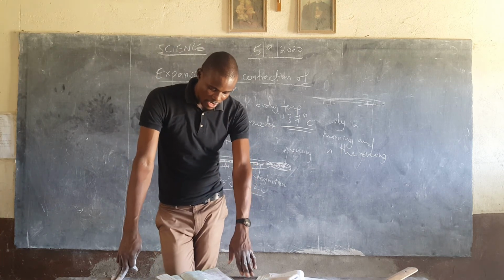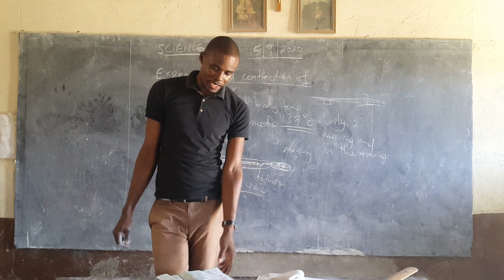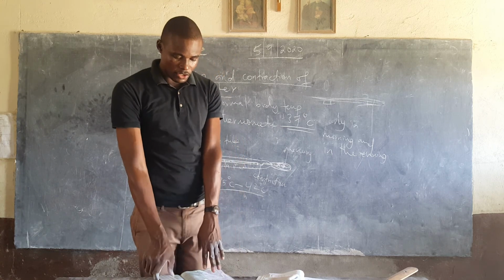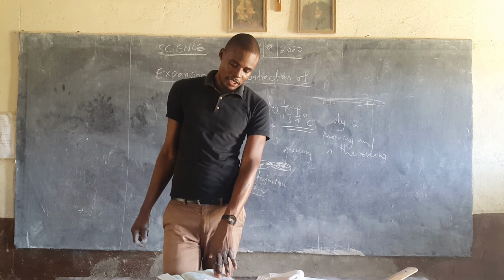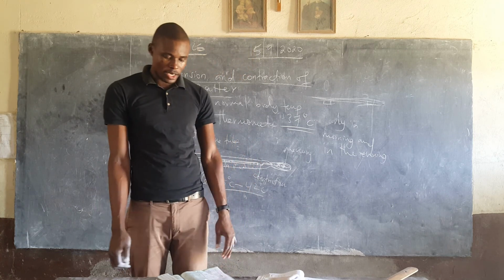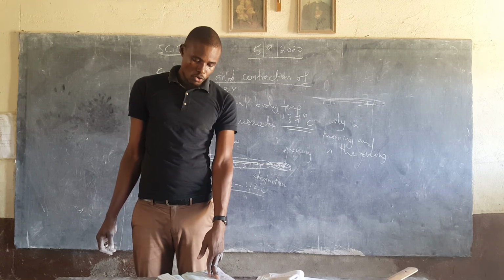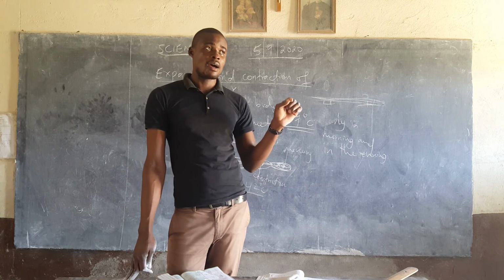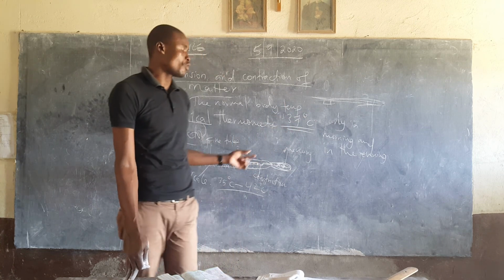Then the mercury is the preferred liquid used in thermometers because it can be seen clearly through the glass. Temperature is measured in degrees Celsius, and the scale on an ordinary thermometer is marked from 0 to 100. An ordinary thermometer has no constriction. The one used by the doctor is a clinical thermometer that has a constriction.